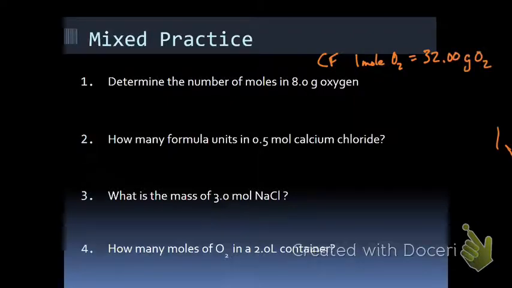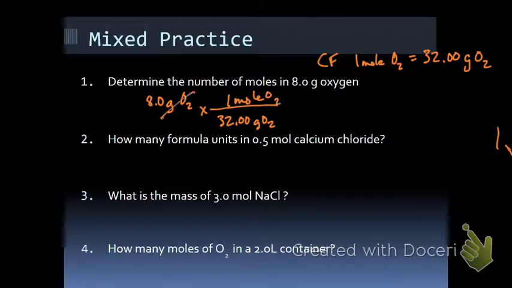That's our conversion factor. Then what we do is we start our dimensional analysis. Here's our 8.0 grams of oxygen, and you can see there's 32.00 grams of O2 for every 1 mole of oxygen.